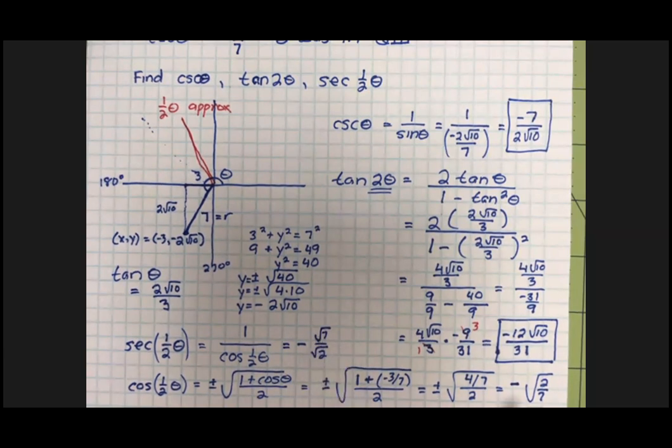I can split the root up into two separate roots. I'm not always one for rationalizing denominators, but it's always awkward to have two radicals in the same problem. Why don't you just have one? So let's multiply by root 2 over root 2. So you could express this as minus root 14 over 2.